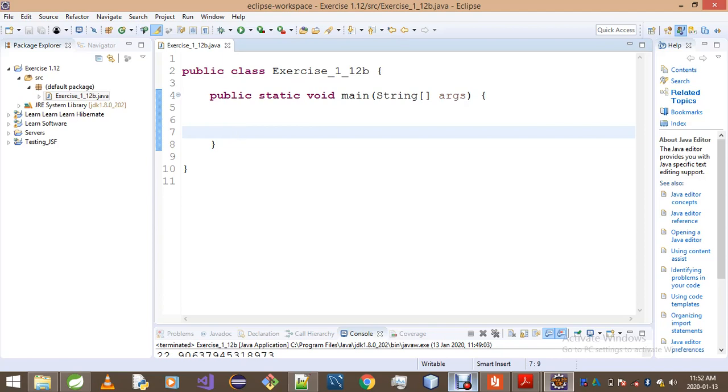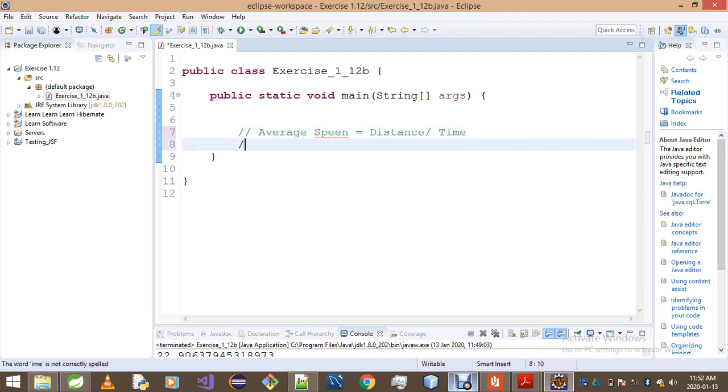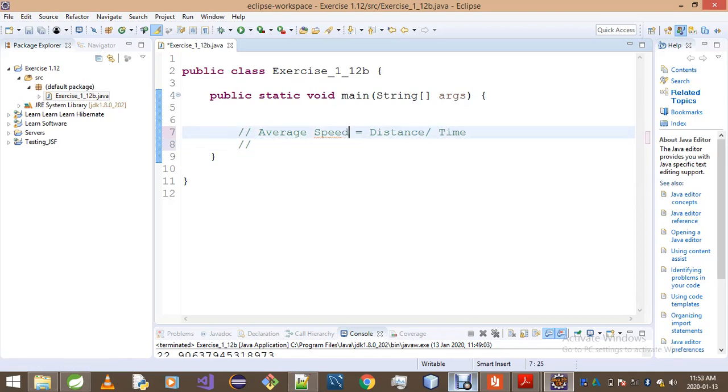Now firstly we gotta know that the average speed is actually equal to distance over time. This machine is starting to be slower.